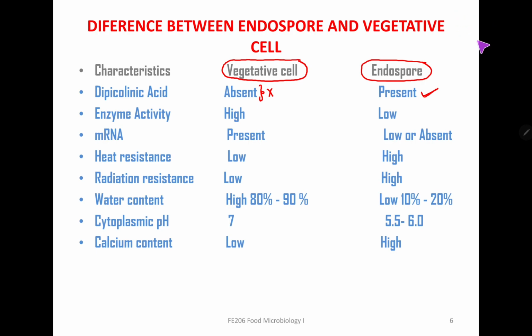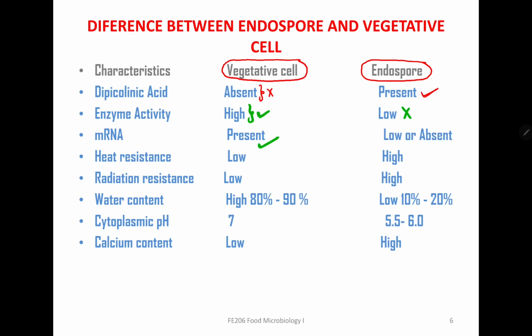Fine. This is one thing. Second, enzyme activity is very high in the vegetative cell, but in the endospore enzyme activity is low. A lot of messenger RNA will form in the vegetative cell because they have to form a lot of protein.